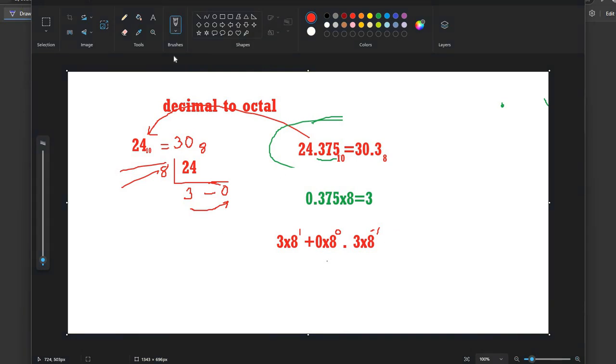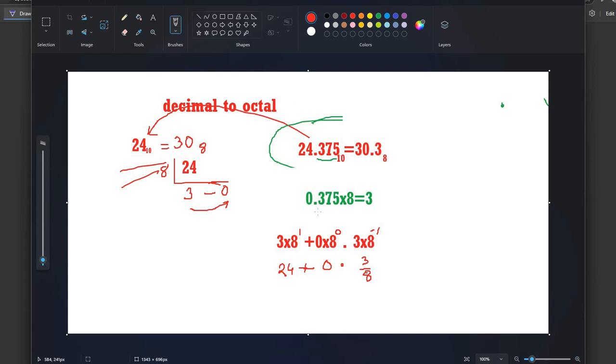So here what will be the value? 0 into any number is 0. So 3 8s are 24, right? Plus point 3 by 8.